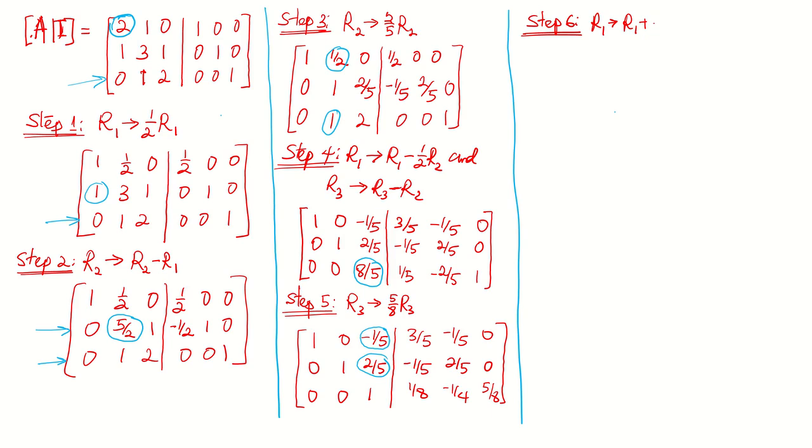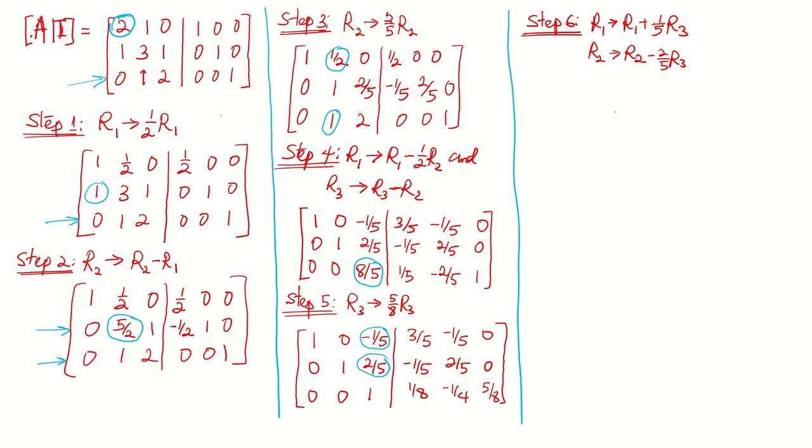I want to make that 0. So row 1 plus 1 over 5 row 3, and then for row 2, that is going to be row 2 minus 2 over 5 row 3. Let's apply this operation.